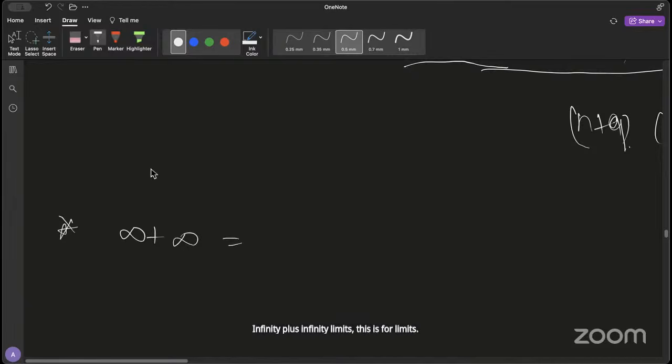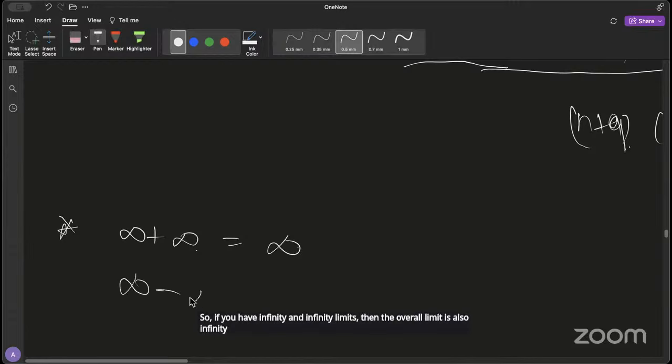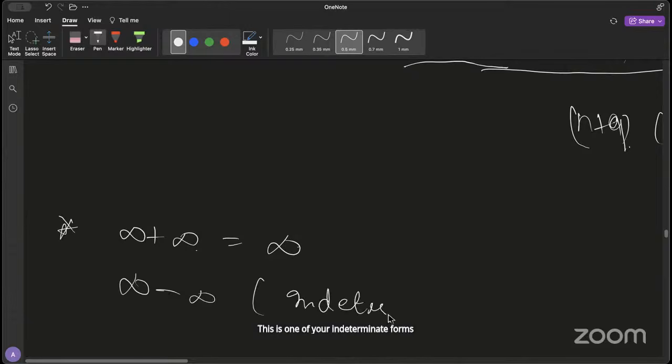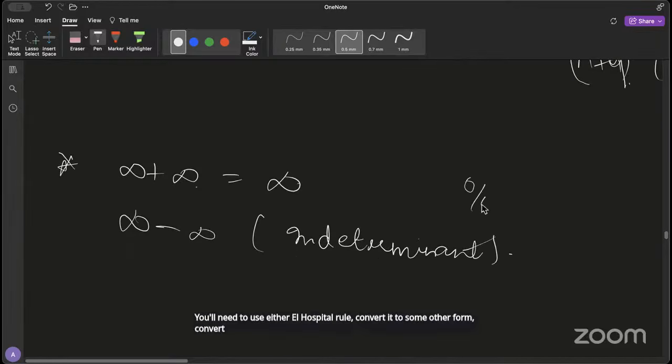When you have an plus bn and the limit of both of these is infinity, then I can just say that the limit of the sum is also infinity. When you have infinity minus infinity, this is one of your indeterminate forms. You can't determine this. You will need to convert it to some other form, to 0 by 0 form or infinity by infinity form, and then solve it.